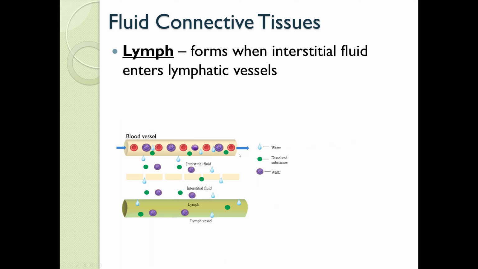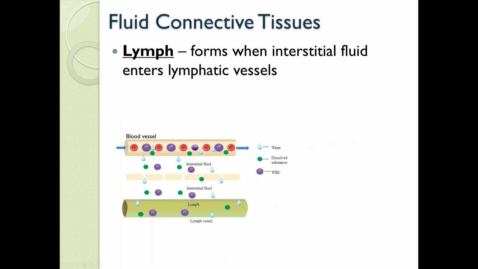And at the capillary level, this fluid leaves the blood vessel, not all of it, but some of the fluid leaves the blood vessel and goes into the interstitial fluid. So this is the fluid in your tissues. So interstitial means tissue. And then that fluid will be picked back up by lymphatic vessels. And once that fluid enters a lymphatic vessel, that is when we call it lymph.